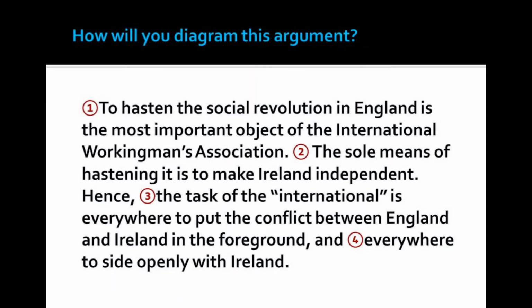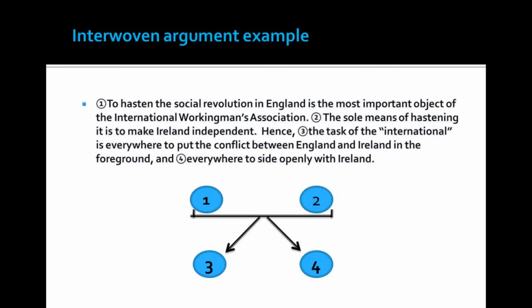The sole means of hastening it is to make Ireland independent. Hence, the task of the International is everywhere to put the conflict between England and Ireland in the foreground, and everywhere to side openly with Ireland. Here, the interwoven argument has two parallel premises, sentences 1 and 2, that branch out to two separate conclusions, 3 and 4.